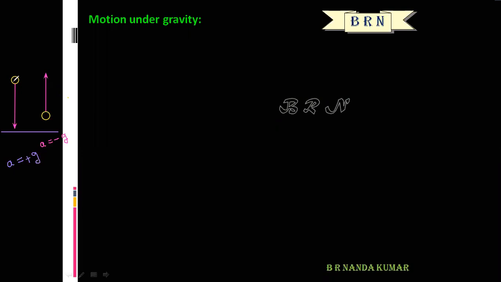When a body falls under the action of Earth's gravitational force of attraction, the velocity of the body gradually increases. So the acceleration is equal to plus g. What is the meaning of g? That is acceleration due to gravity.